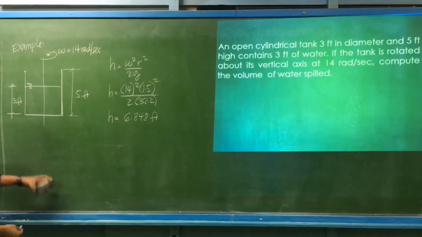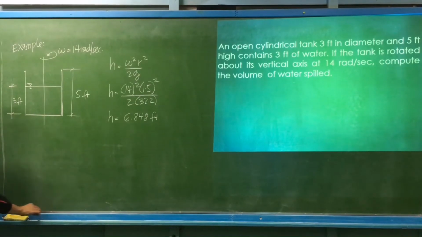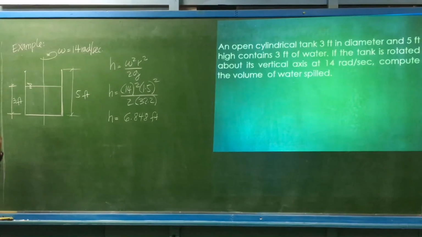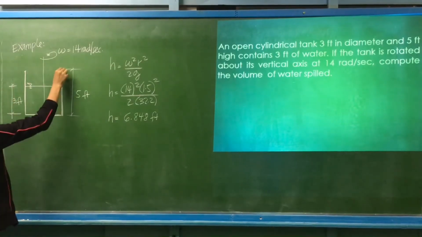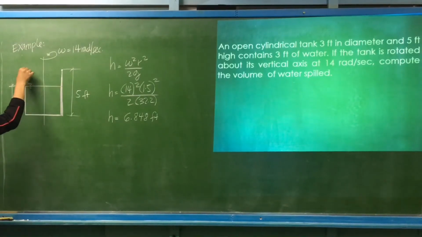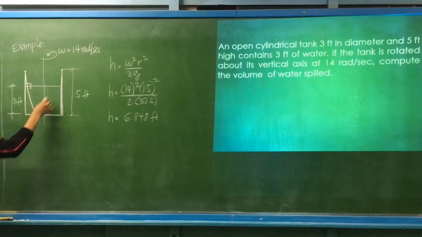Let us first imagine what will be the appearance of the paraboloid. For this case, as you can see, the height of the paraboloid exceeds the height of the tank. The height of the tank is only 5 feet. So more likely, this will be the appearance of the paraboloid.